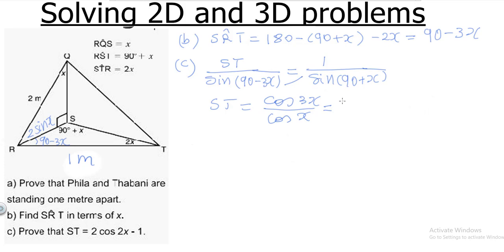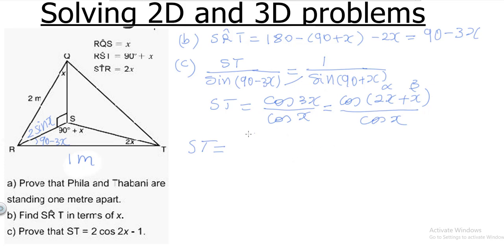Now, what we can do, remember, we need this, so we have to break the cos 3x into cos of 2x plus x, all divided by cos x, okay? Now remember, if we take this as alpha, this as beta, go back to the identity formula. You can pause the video and check the formula for cos alpha plus beta.